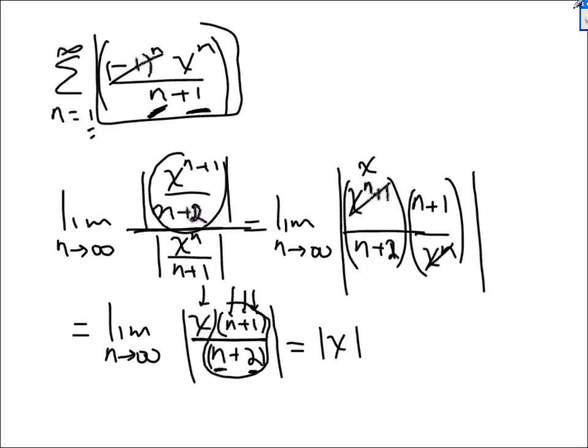Now, the ratio test says it will converge when that limit is less than 1. It will converge there. That is, it will converge between negative 1 and 1. The radius of convergence is the distance from the center to one of the endpoints.